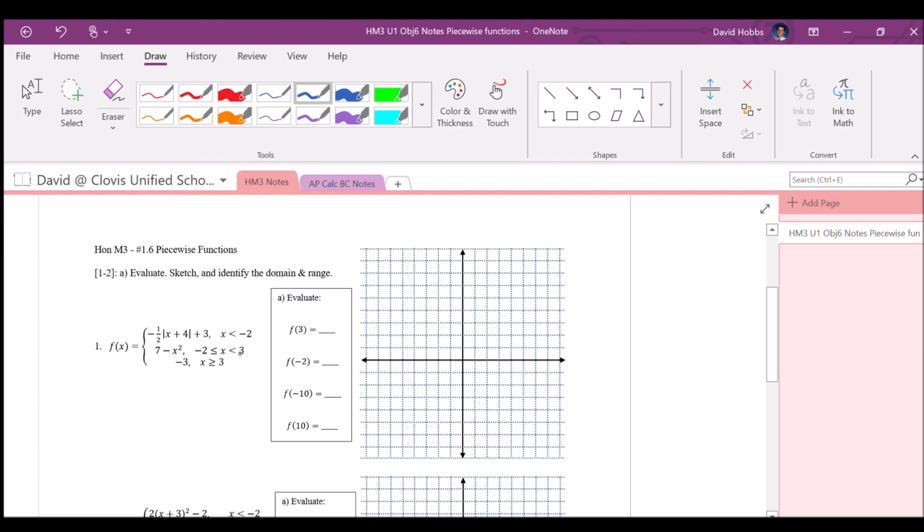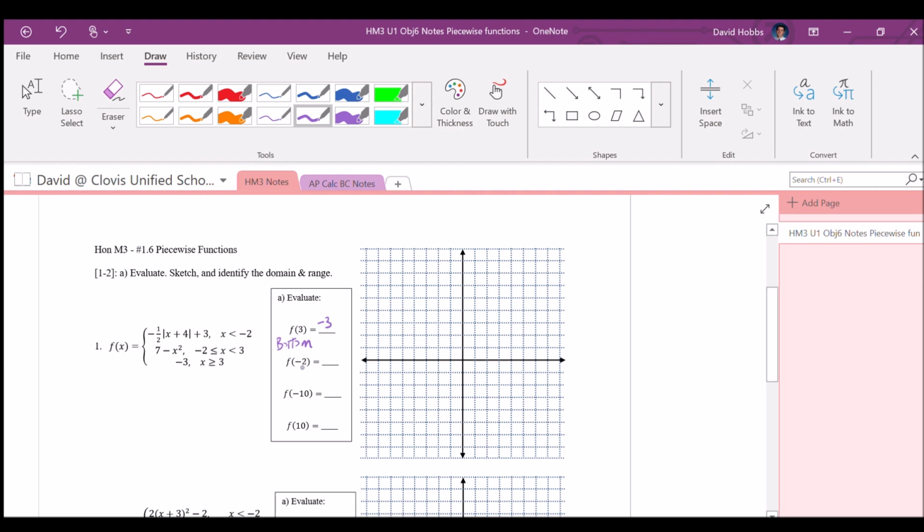You can touch the negative 2, but no, because 3 is equal to 3. So what about the bottom rule? X is greater than or equal to 3. So yes, this one is the bottom rule. And so if I do f of 3, the bottom rule says no matter what you input, you get negative 3 coming out.